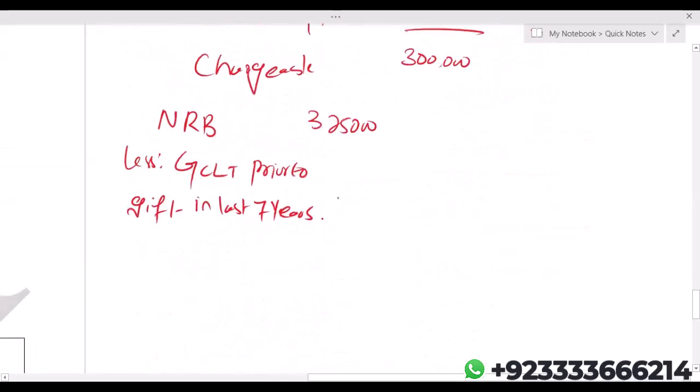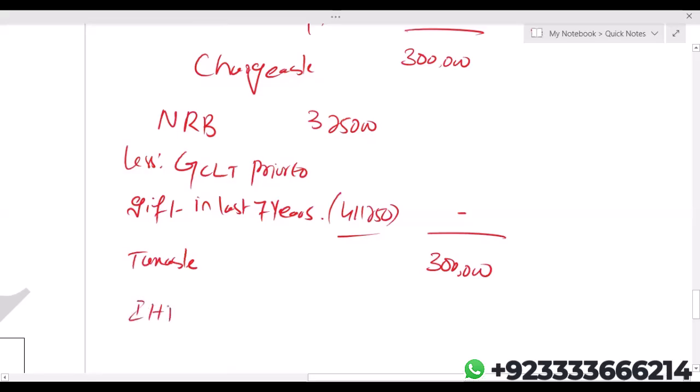Look at this. So now we are not getting any nil rate band on the second gift. The entire 300 becomes taxable. If the donor is paying the tax, let's say again it will be 25%: 75,000.